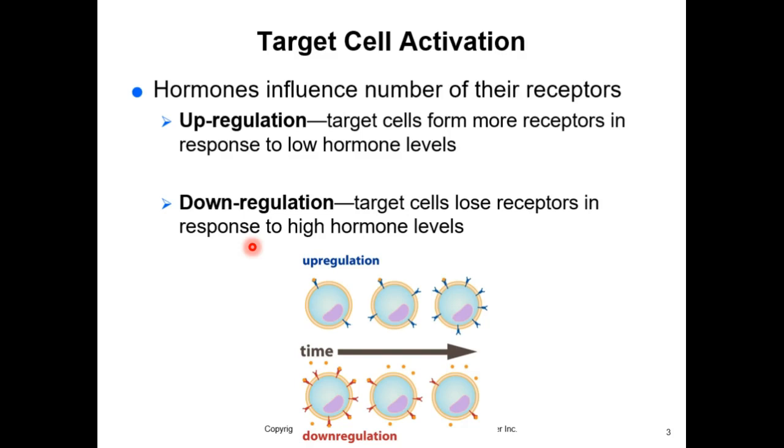The idea is that your body is going to try to compensate. If you have elevated hormones, if you have too low hormones, your body can compensate by upregulation or downregulation of receptors. It's a homeostatic mechanism.